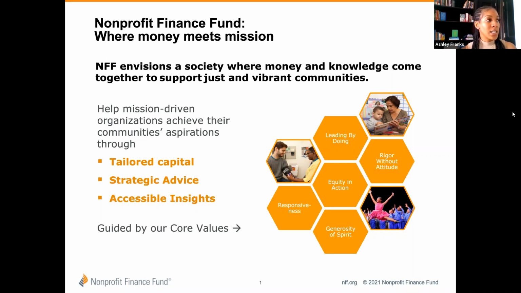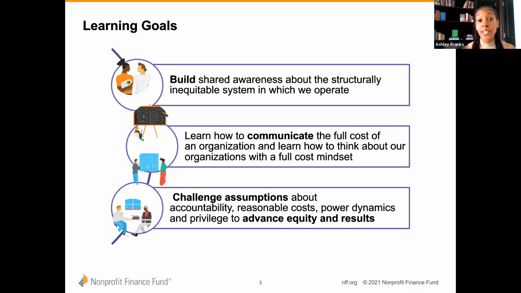And so our learning goals for today's session are to build shared awareness about the structurally inequitable systems in which we operate. Some of you may have sat through our operating context content where we talk about the flawed system we're all operating within and how we can be successful within that system and advocate for better practices within that system.